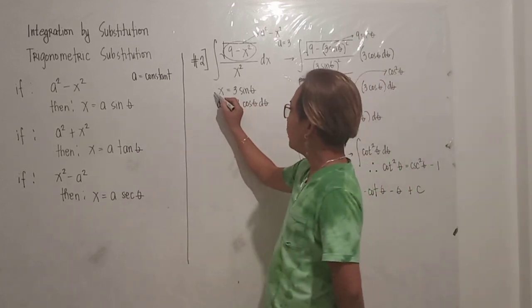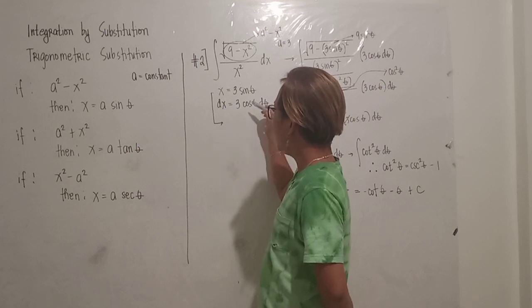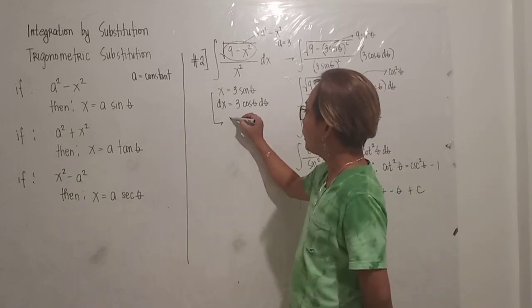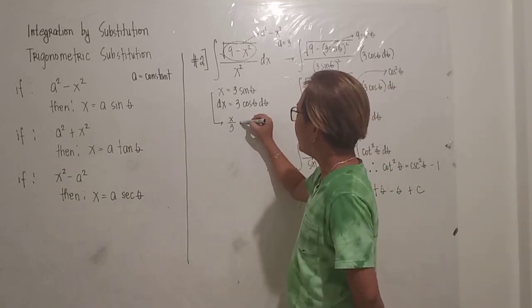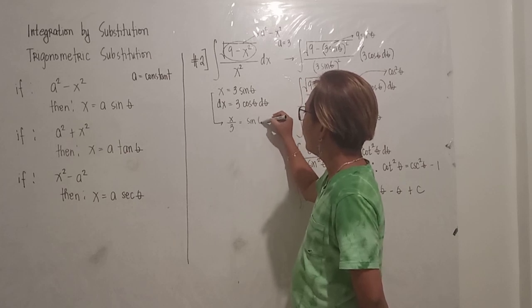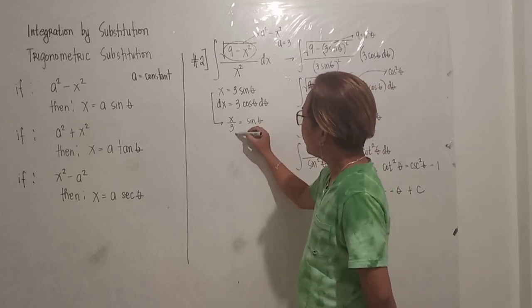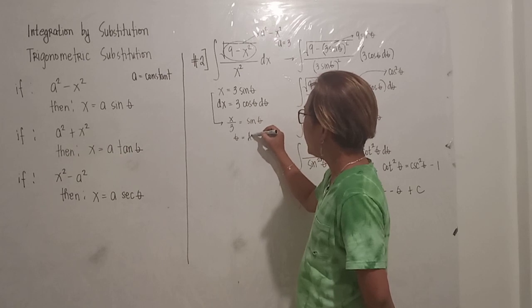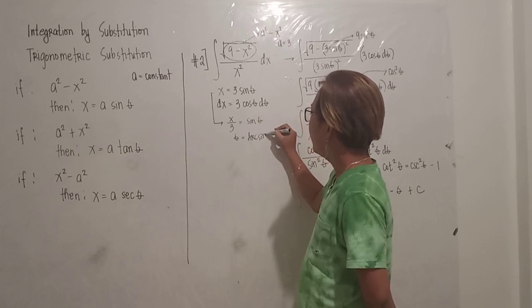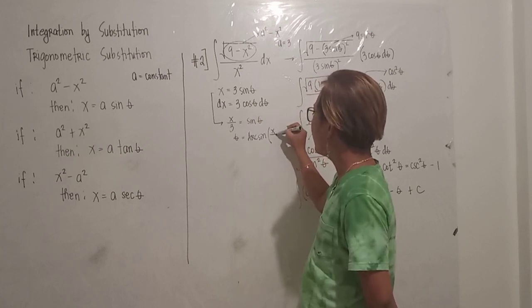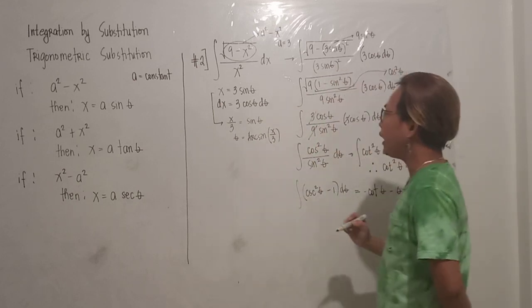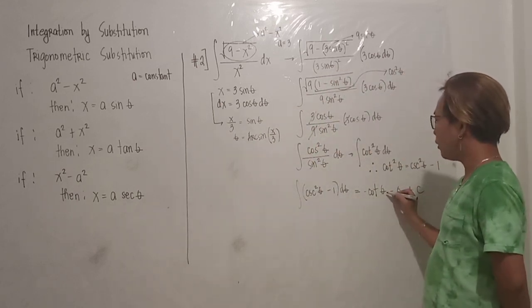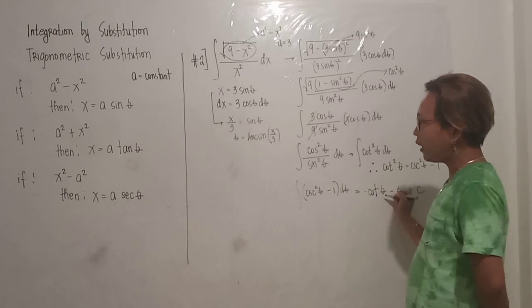Yung theta, madali lang. You can now have x over 3 equivalent to sine of theta. So theta can be arcsine of the x over 3.